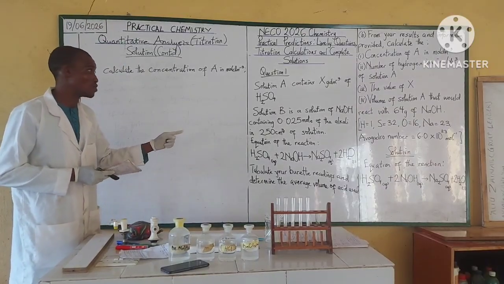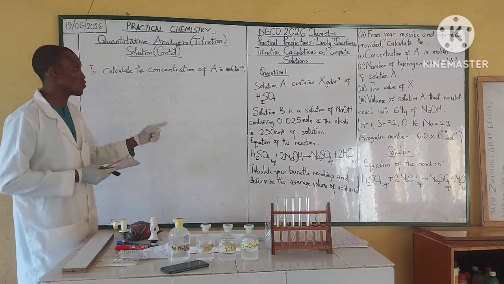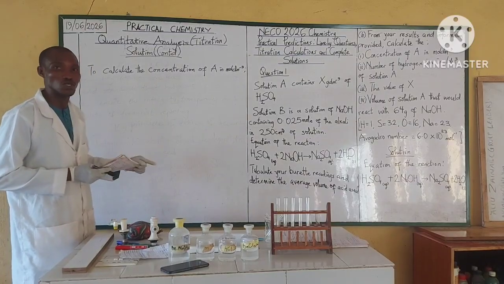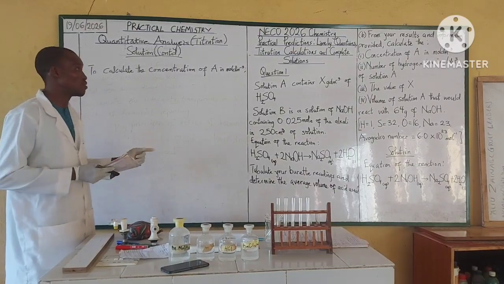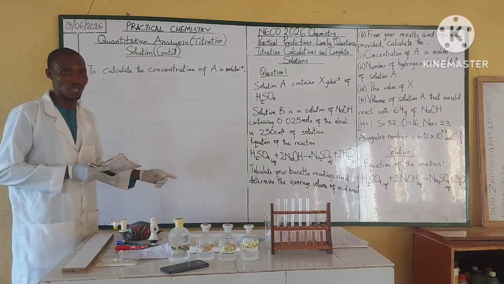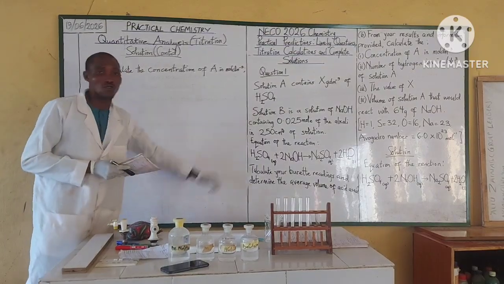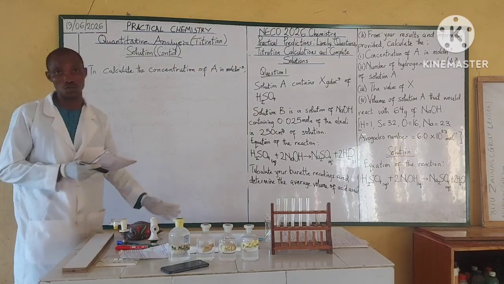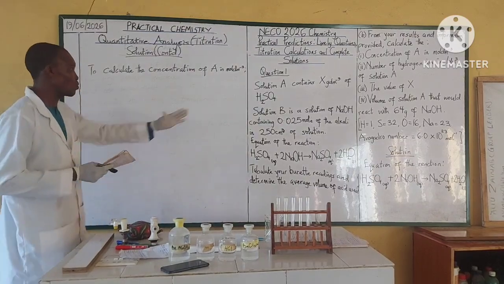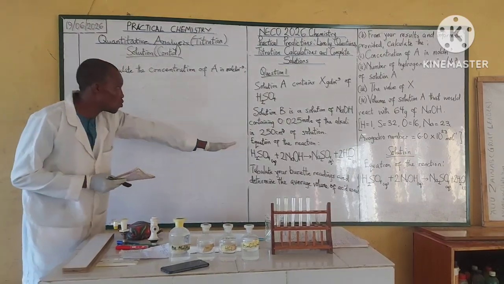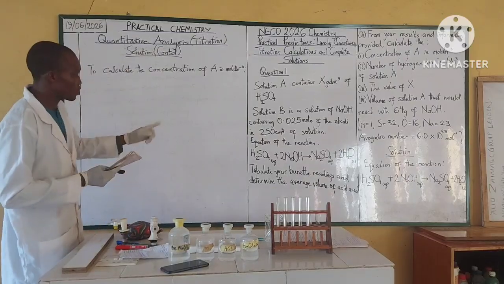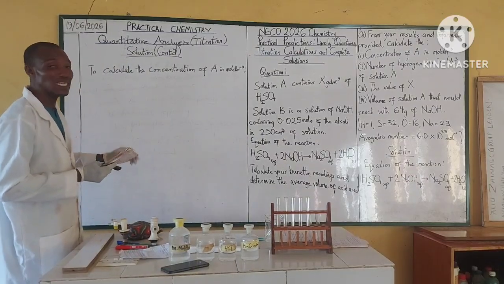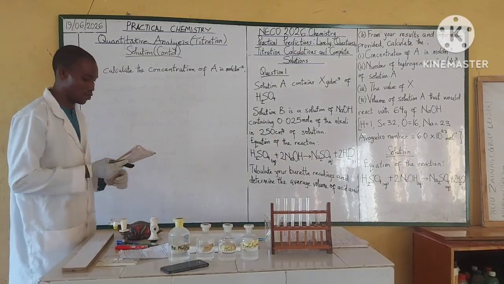Assuming it was given, it should have been the concentration of A in mole per dm cube equals the concentration of A in gram per dm cube over the molar mass of A. We can determine the molar mass of A, but we cannot determine the concentration in gram per dm cube of solution A. That's the reason why we can't go for that. We rather go for the concentration in mole per dm cube of B first.